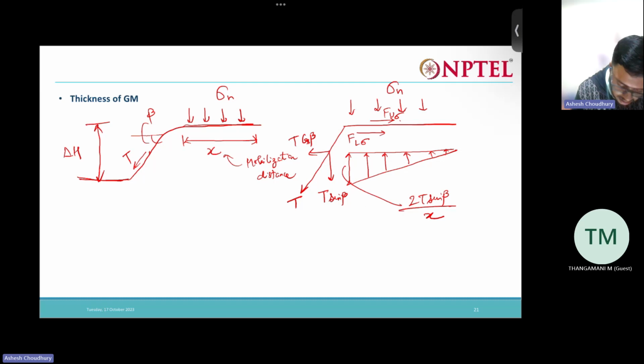One is F_L delta, the friction due to the frictional resistance in the lower layer, and also F_LT due to this T sine beta component, the shear component coming from the vertical component of T.